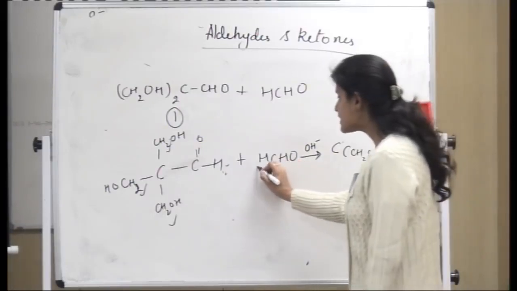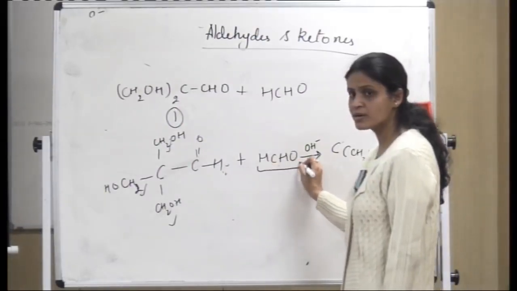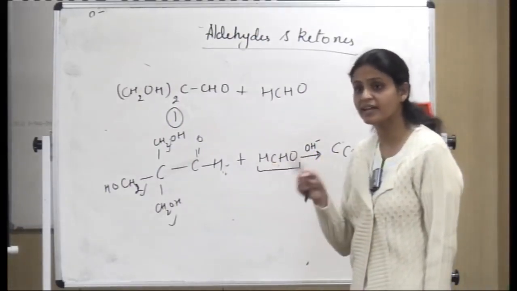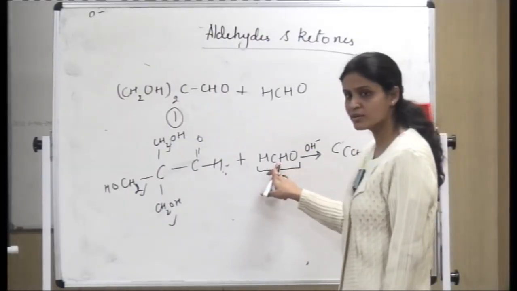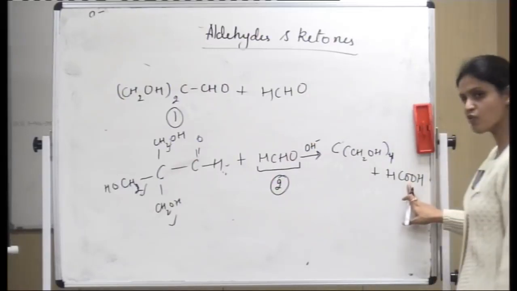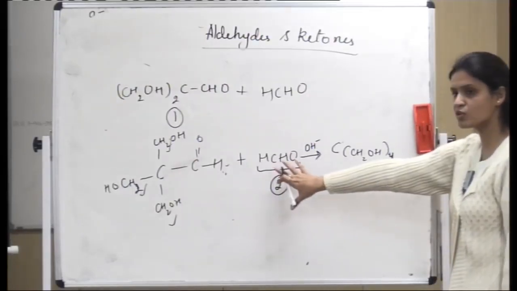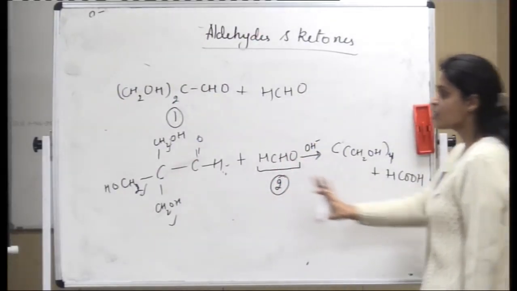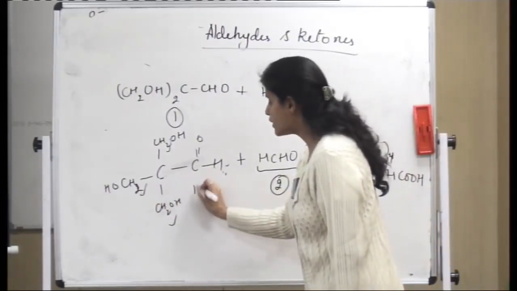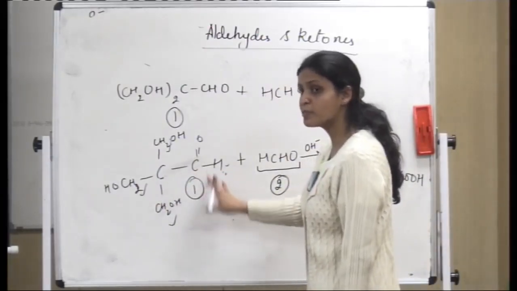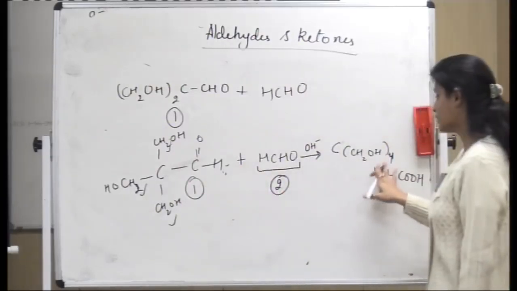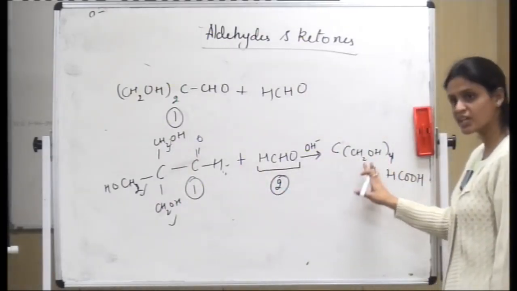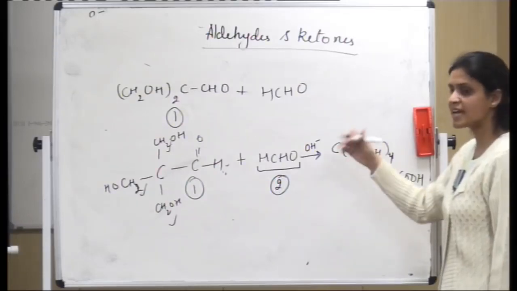That means this reaction has undergone oxidation and reduction. Formaldehyde has undergone oxidation to formic acid, while this compound 1, having the carbonyl group but no alpha hydrogen, has undergone what? Reduction, right?